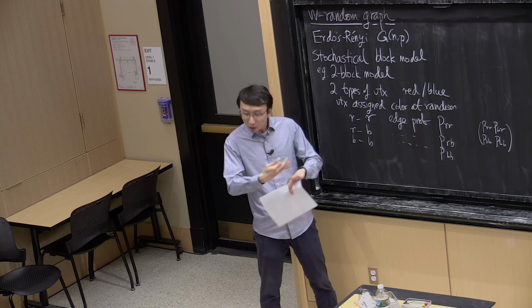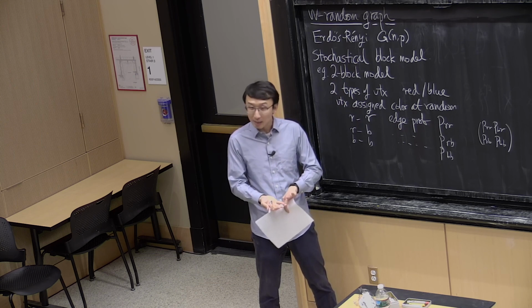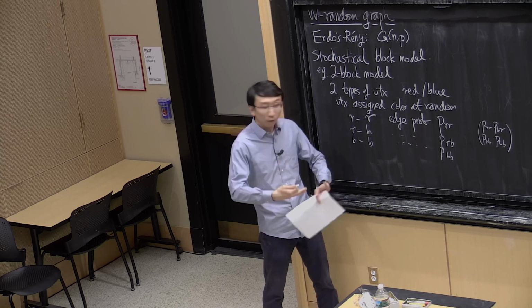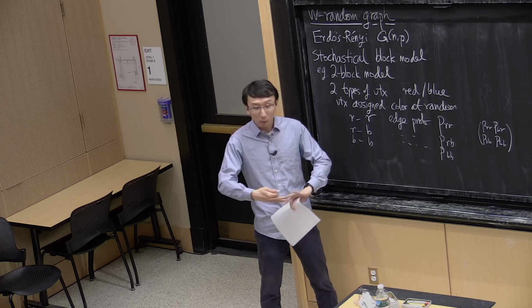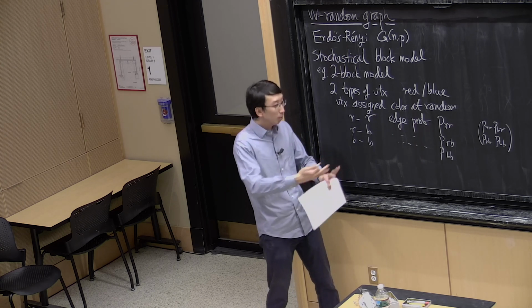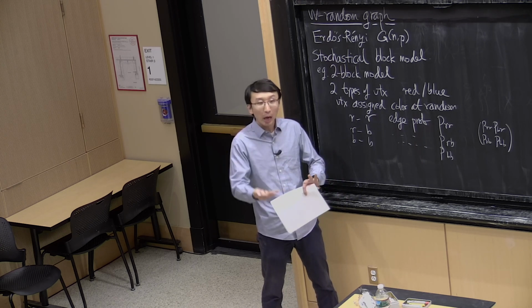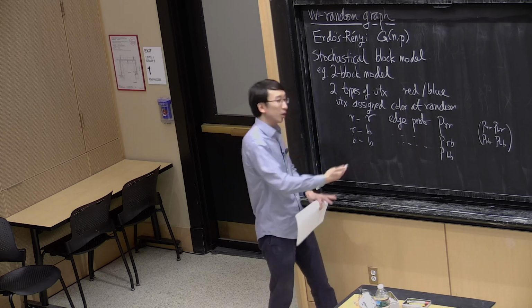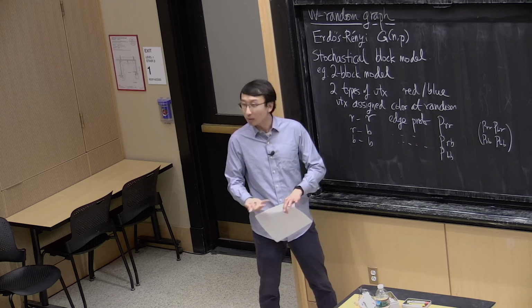And you can imagine, these kinds of models are very important in applied mathematics for modeling certain situations, such as, for example, if you have people with different political party affiliations, right, how likely are they to talk to each other? Right, so you can imagine some of these numbers might be bigger than others.